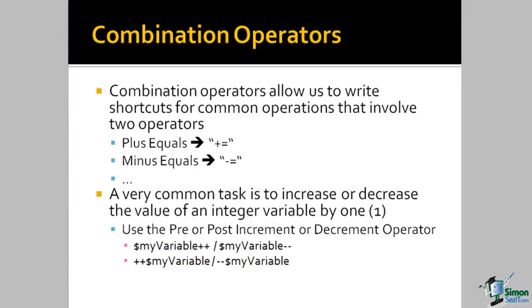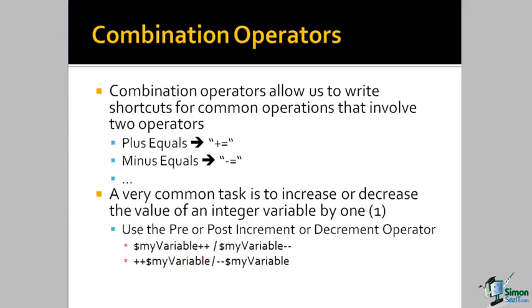One of the things that we do a lot, especially as we'll see in controlling loops, is adding a 1 to a value. And so there's a very short shortcut that we use for that. And again, in this example, we could say my variable equals my variable plus 1. That would be identical in functionality. But we do this so often that we want a shortcut.